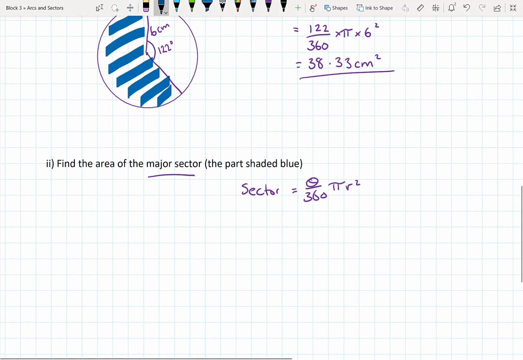What I need to do this time though is find the angle that is missing, the angle at the other side. So I know there's 360 degrees in the full circle, so I'm going to do 360 minus 122, and that gives me 238 degrees.